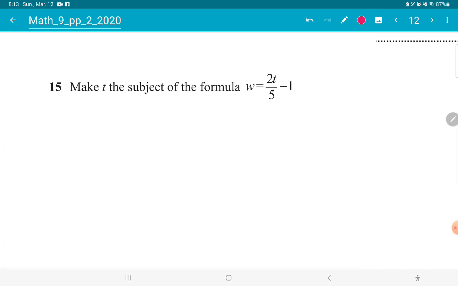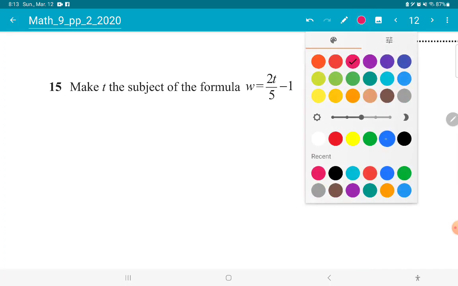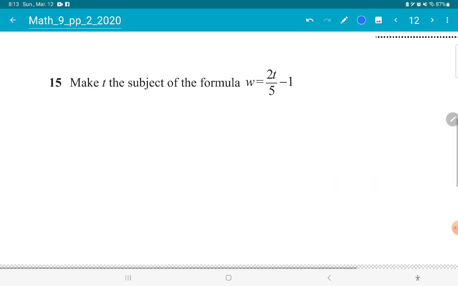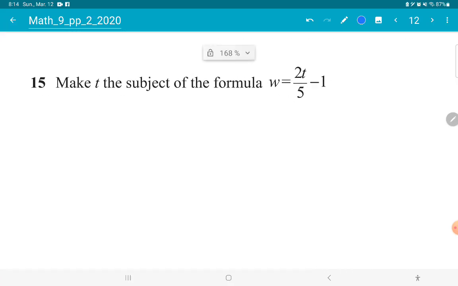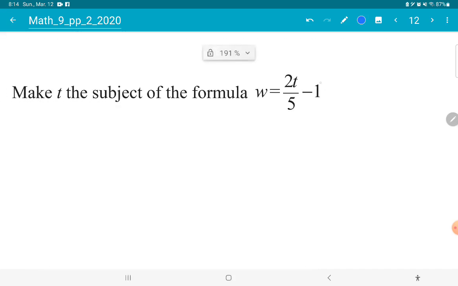Number 15. It says make T the subject. It means solve for T. Okay, how to solve for T? First, get rid of this minus 1. So I'll get W plus 1 equals 2T over 5. Next, get rid of this 5 by cross multiplication.